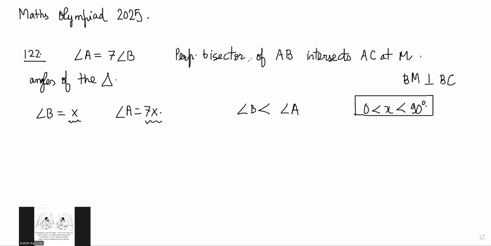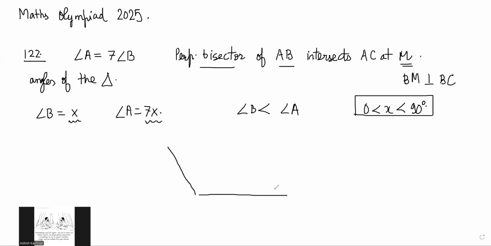Now they are saying perpendicular bisector of AB intersects the side AC at M. Angle A is a big angle, so it will have a big side opposite to it.